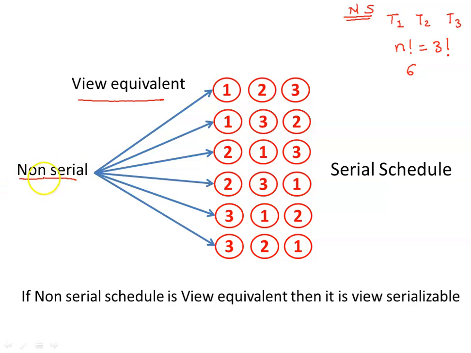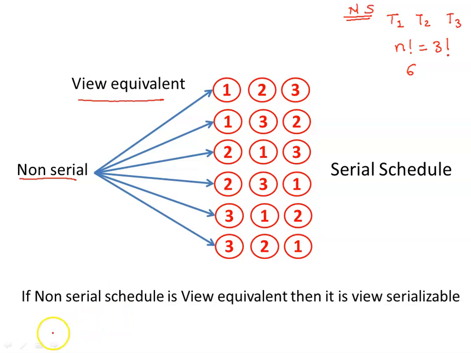I repeat, if this non-serial schedule is equivalent to this serial schedule or this serial schedule or so on, then we can call that schedule view serializable. That means this non-serial schedule gives you the same result and this serial schedule also gives you the same result. So if a non-serial schedule is view equivalent to a serial schedule, then it is called view serializable.